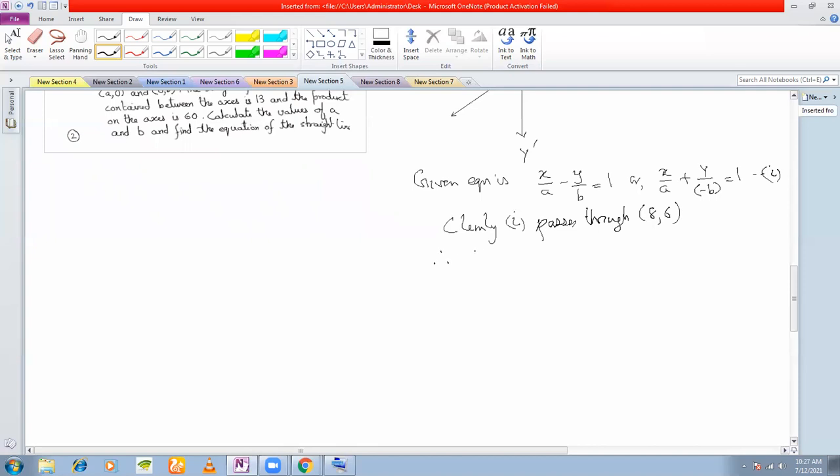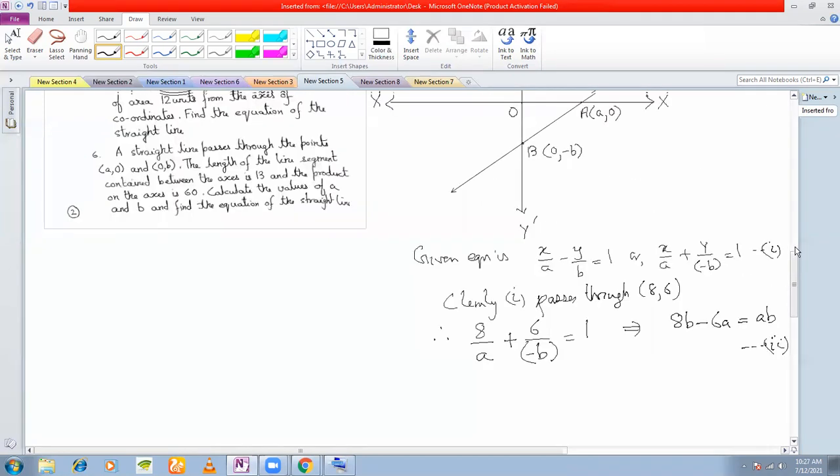Therefore, put the values: 8 by a plus 6 by minus b is equal to 1. So you get this equation in a and b here: 8b minus 6a is equal to ab. Call this equation number 2.